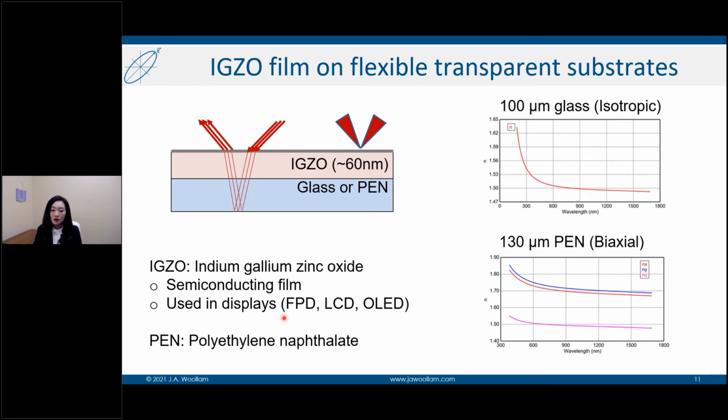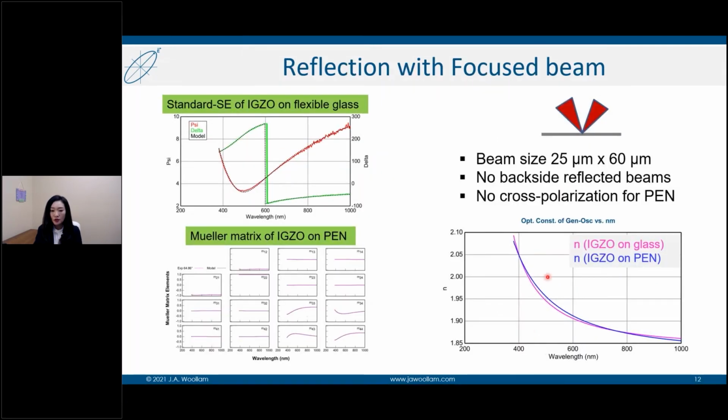I will compare the result of two different substrates, the flexible glass and a PEN substrate, and the optical constants of both substrates were predetermined on bare substrates. For transparent substrates, I talked about two complexities, backside reflection and substrate anisotropy for polymeric substrates.